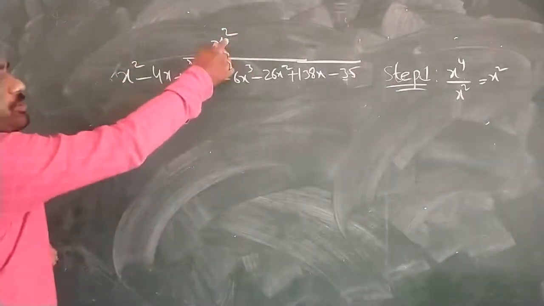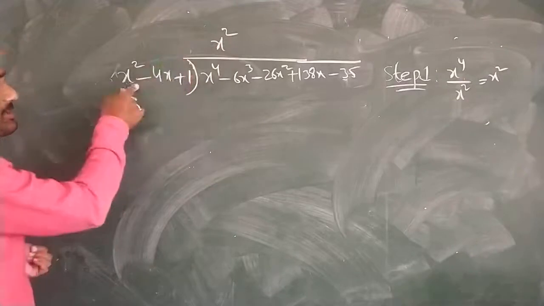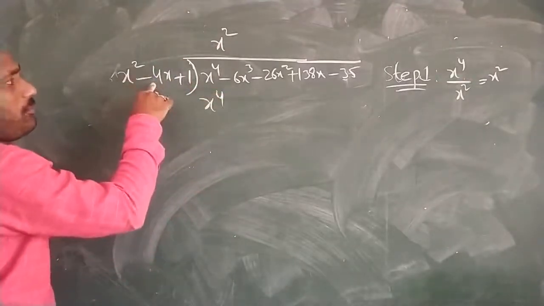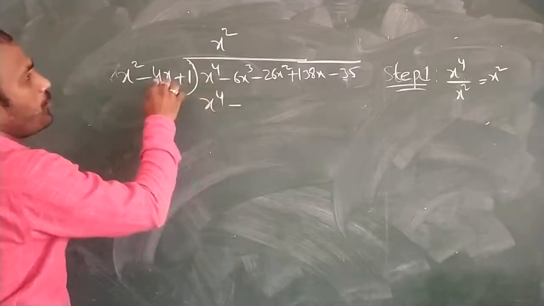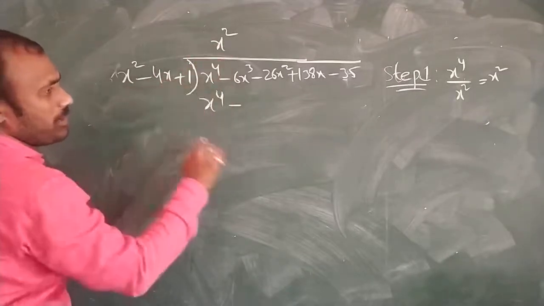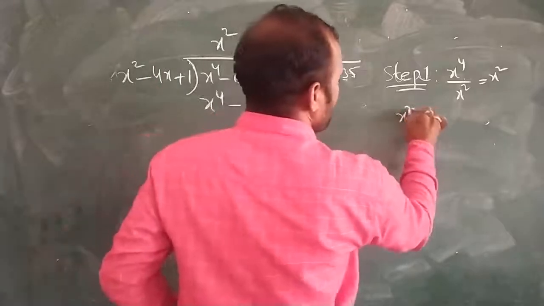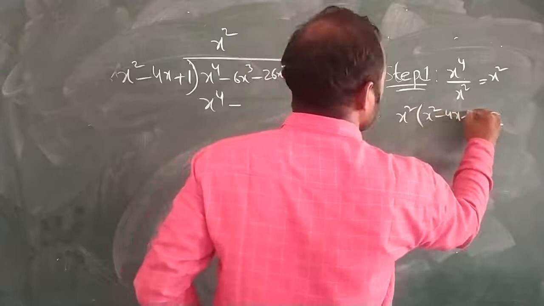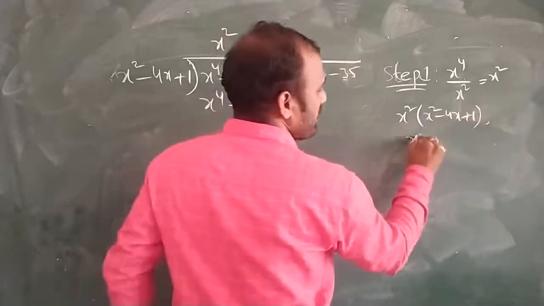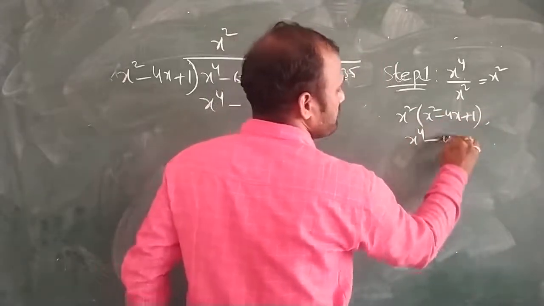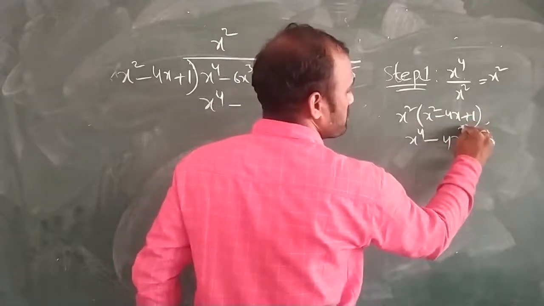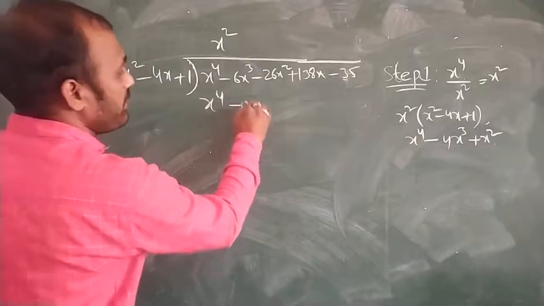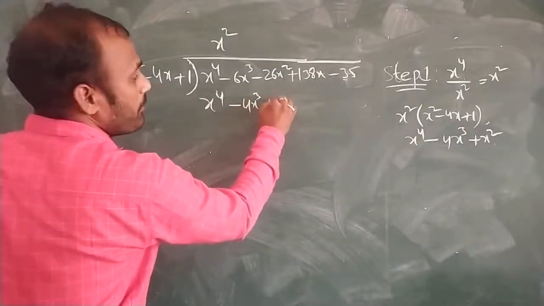So here x square on normal term we can multiply easily. x square into x square minus 4x plus 1 can be written as x to the power of 4 minus 4x cube plus x square.